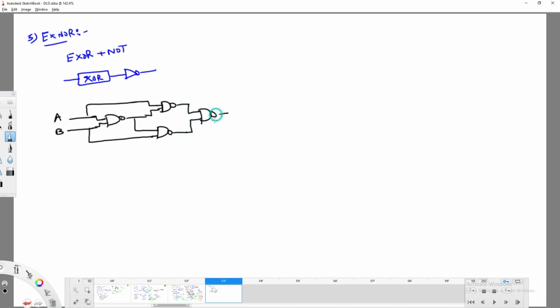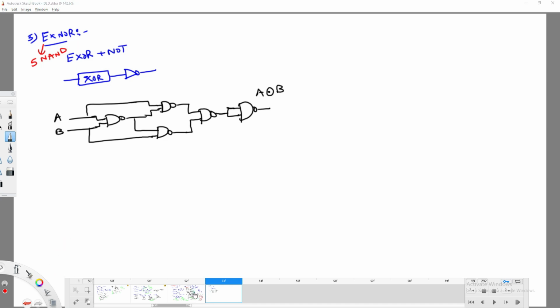Okay, this is what I will call XOR. For this XOR, if I add one more complement, I am going to get XNOR. So the final result will be A XNOR B. That's it, right? So in order to represent XNOR, how many NAND gates are required? 5 NAND gates are required.